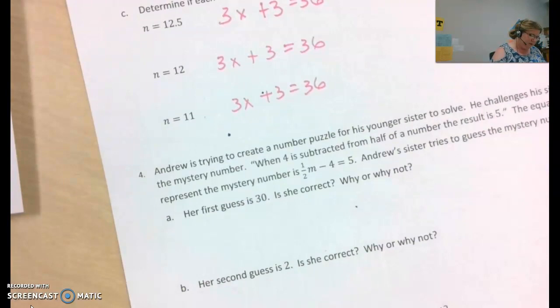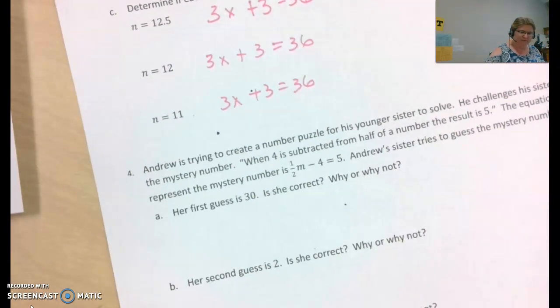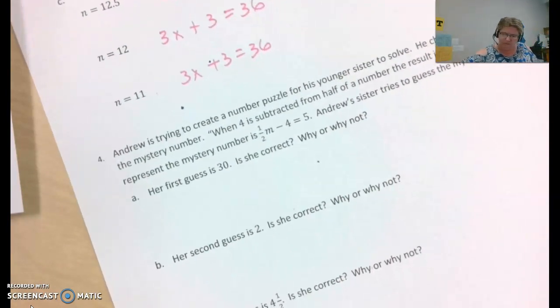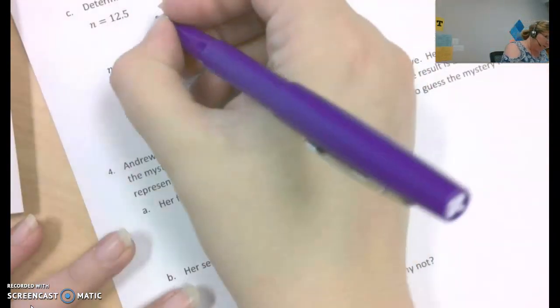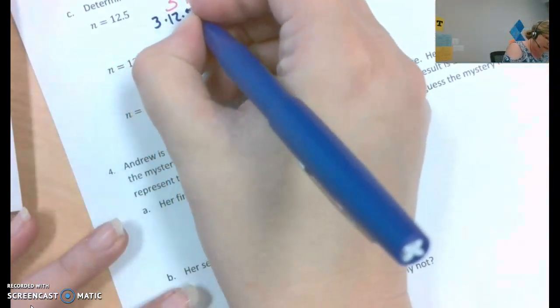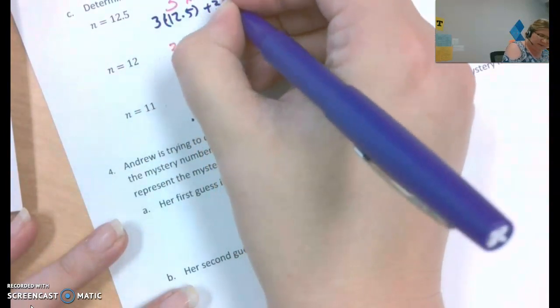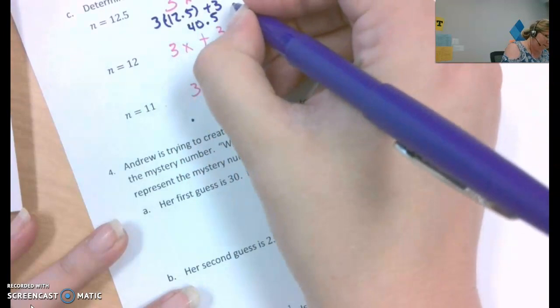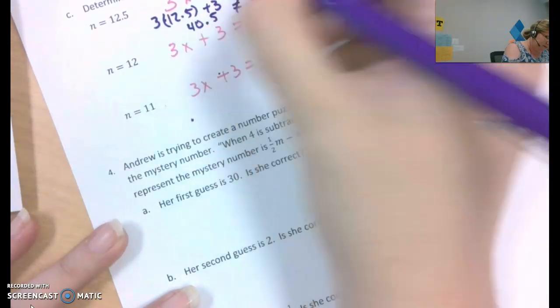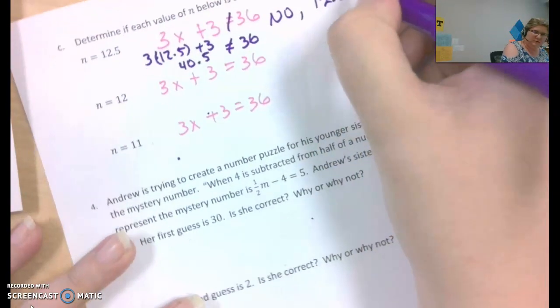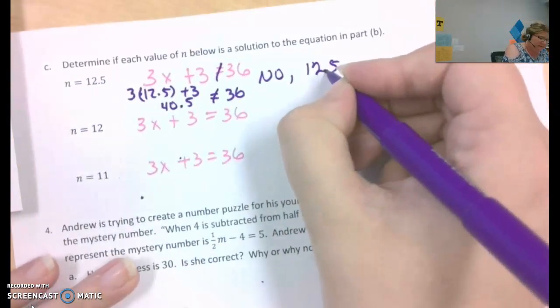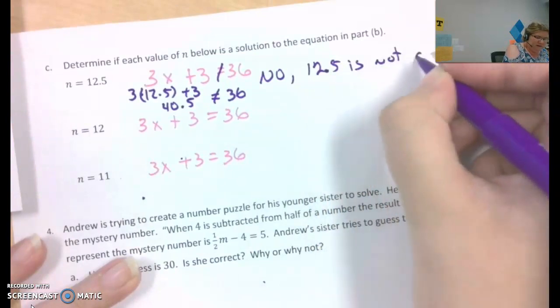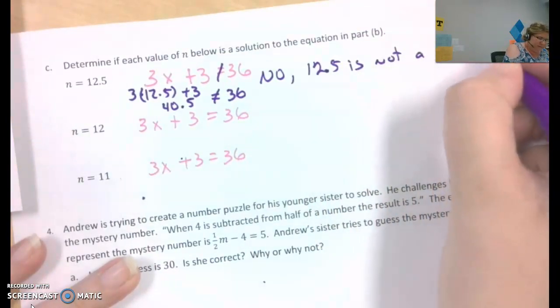Okay, so we'll start with the 12.5. Three times 12.5 plus 3 would be 40.5, which is not 36. So no. Whoa, 12.5 is not a solution.